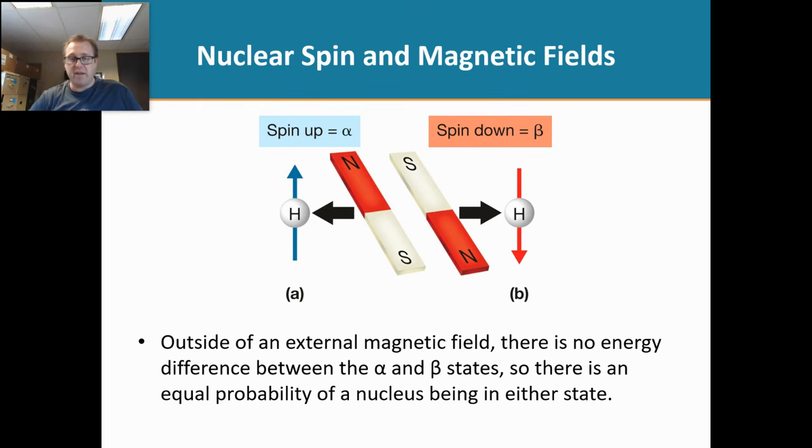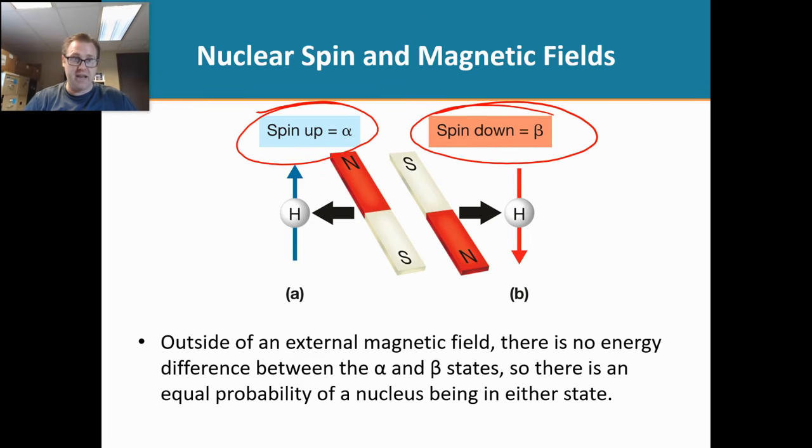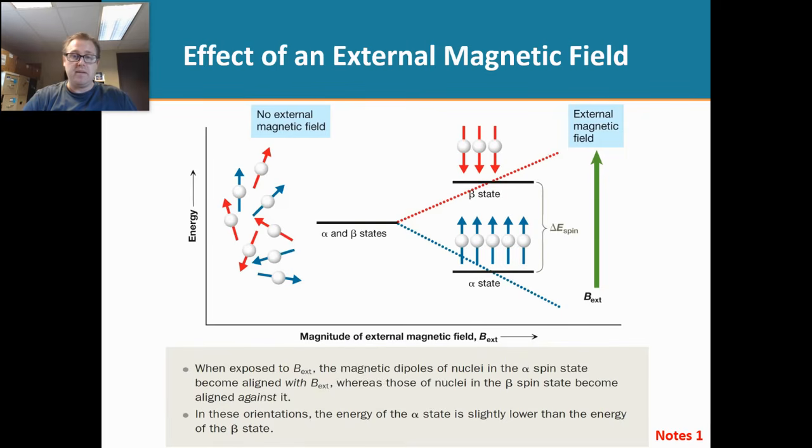Now this slide right here is rehashing everything again, but it's really, really important to understand this concept that when nuclei are not in an external magnetic field, the energies of the two states, the alpha state and the beta state, are exactly the same. So that's what this is representing right here.